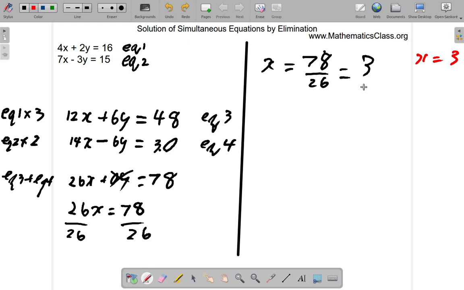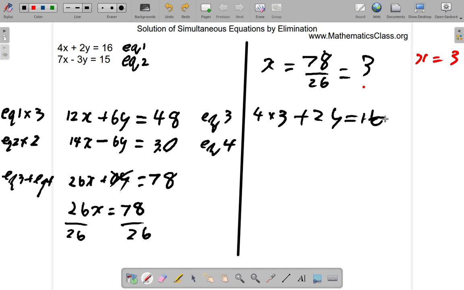What about y? Let's substitute x is equal to 3 in the equation. Let's put it in equation 1. 4 times x means the same as 4 times 3. Instead of writing x, we now write 3. Plus 2y equals 16.